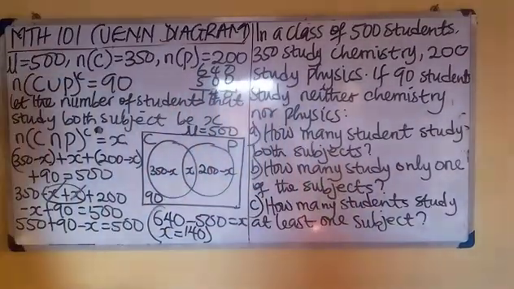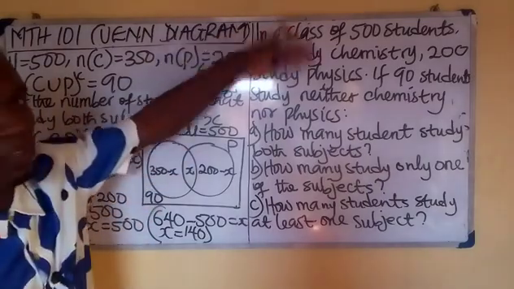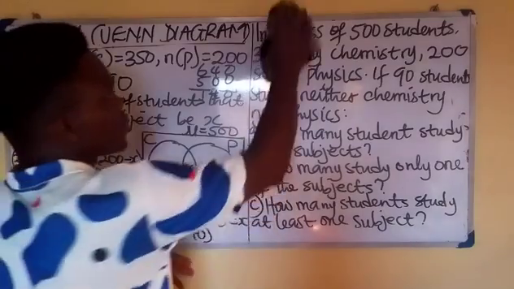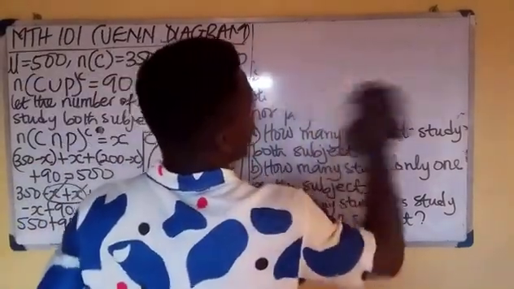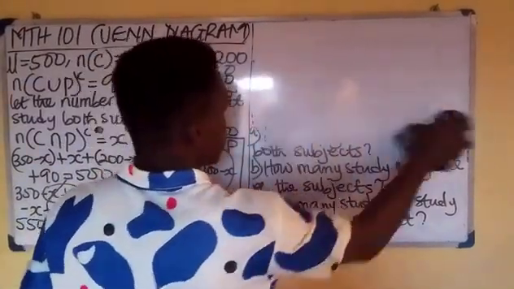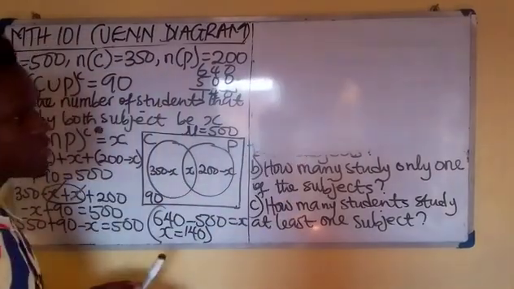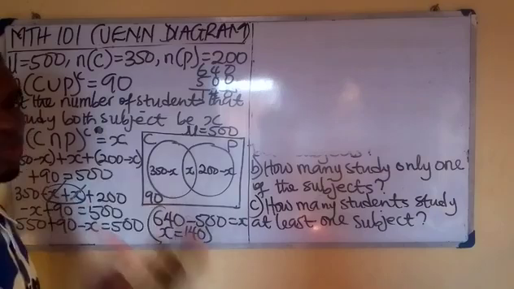So I want to rub off this part I've expressed already because of space. Okay, I've done this as well. They said how many students study only one of the subjects.